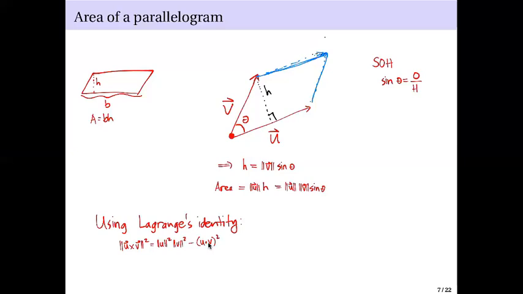By definition, the dot product of u and v is what? So this guy here is now equal to the norm of u squared, norm of v squared, minus, by definition, the dot product, norm of u, and then norm of v, and then cosine theta. Correct? And then you have to square this.